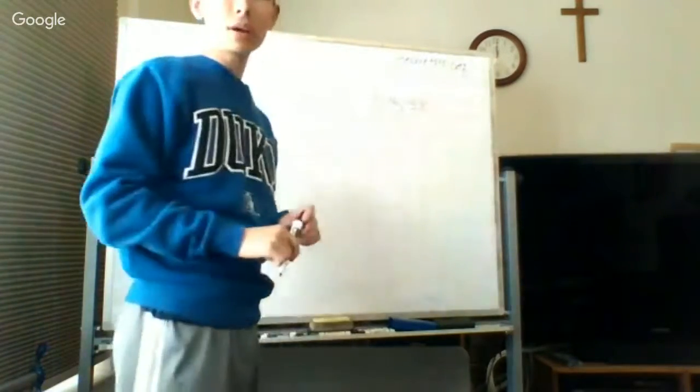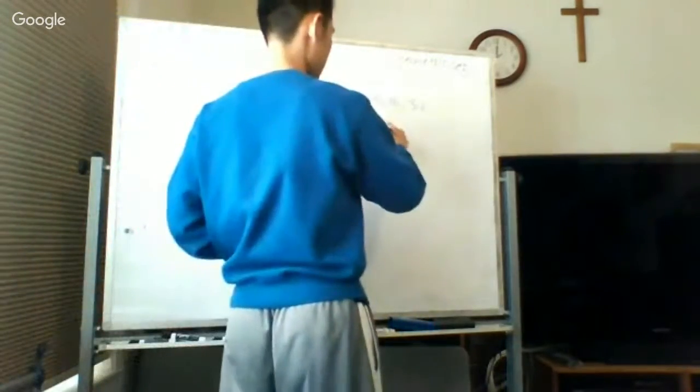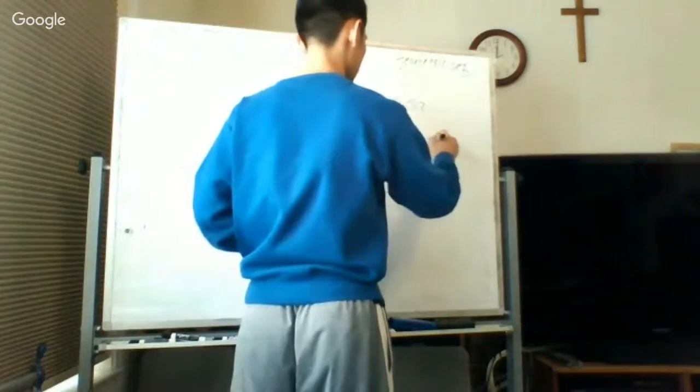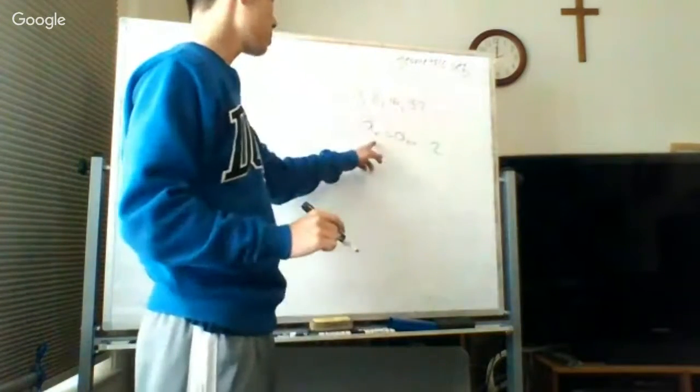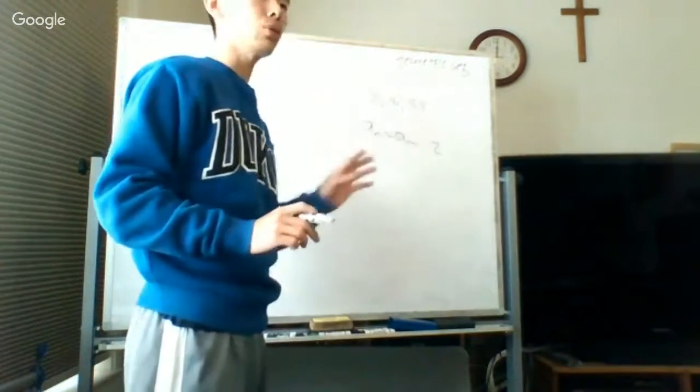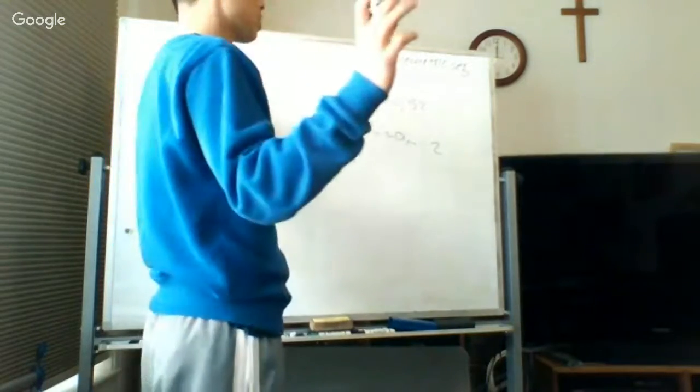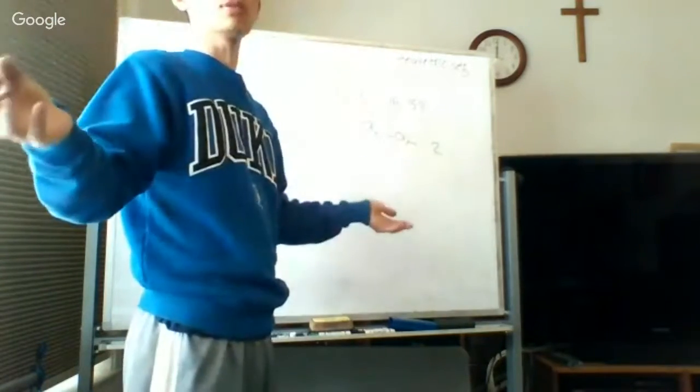What's the pattern here, guys? William said this: the nth term is just the n minus 1 term times 2. Every single term we just multiply by 2 to get the next one.